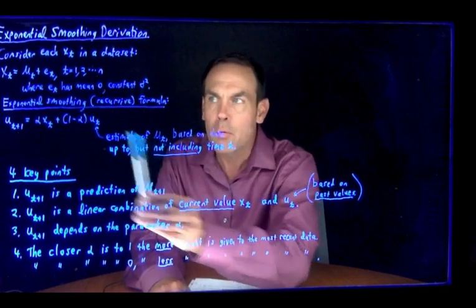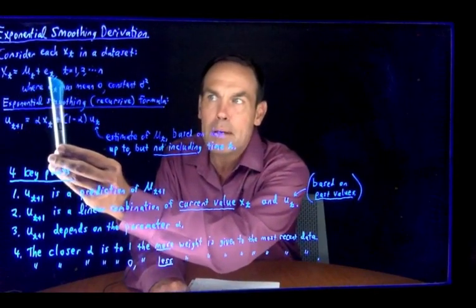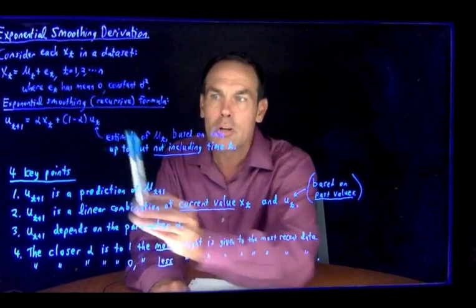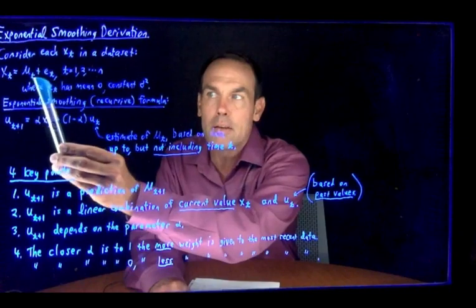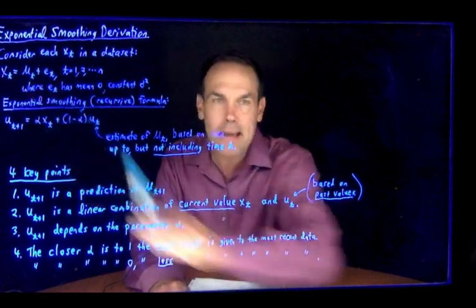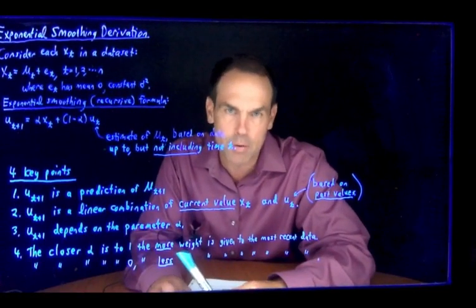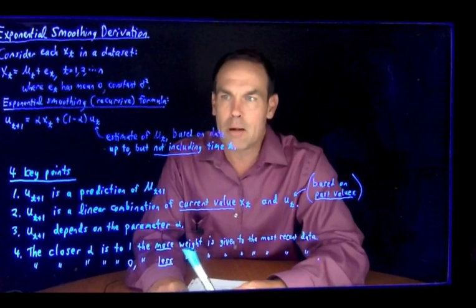Remember, x sub t is written as mu t plus e t, but e t has a mean of 0, so we're expecting that to be 0. So if this u sub t can estimate mu sub t, then it also estimates x sub t, because e sub t is supposedly 0. So that's one thing I wanted to say about that.